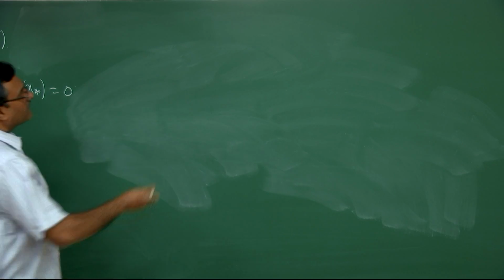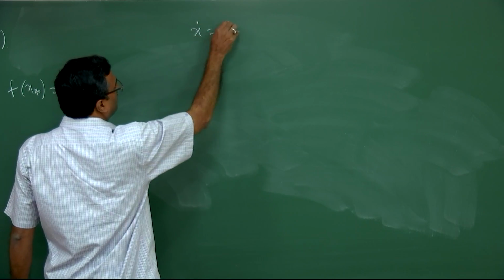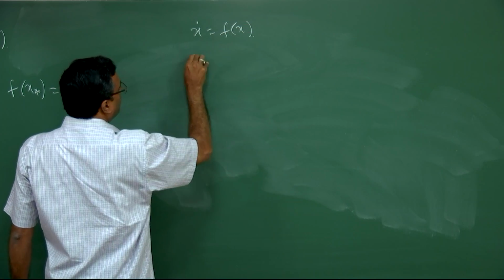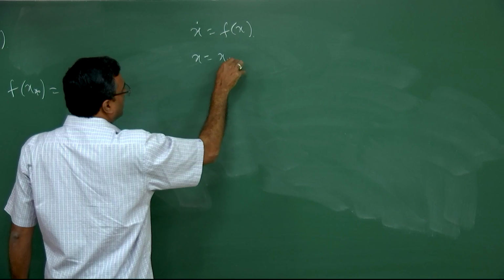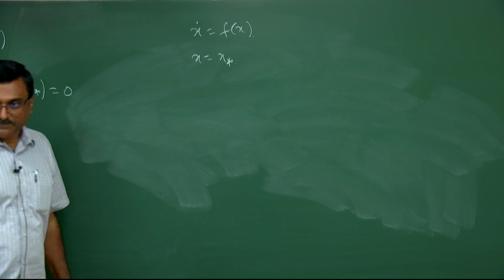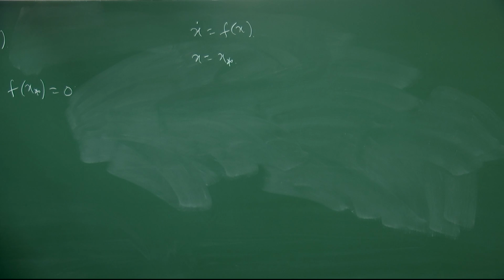Local stability means the following. The given system is x dot equal to f(x), and you know that x equal to x star is an equilibrium point for this system. We are interested in giving a small perturbation around the equilibrium point x star, and then judging whether this perturbation is going to die out with the advancement of time or grow with time.